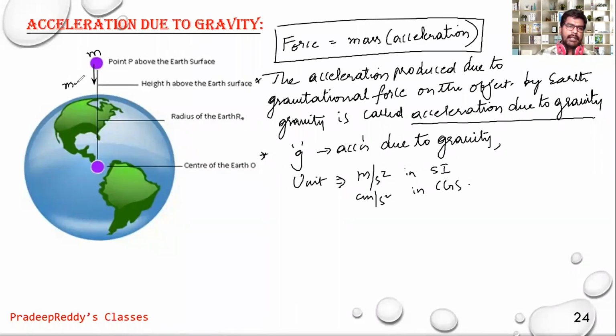Therefore I'll be writing it as mg. Therefore clearly you can write, gravitational force is equal to mass into acceleration due to gravity.